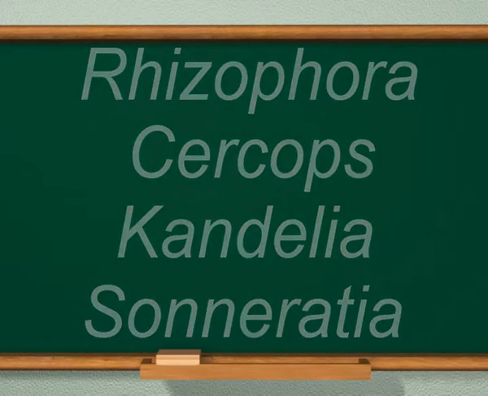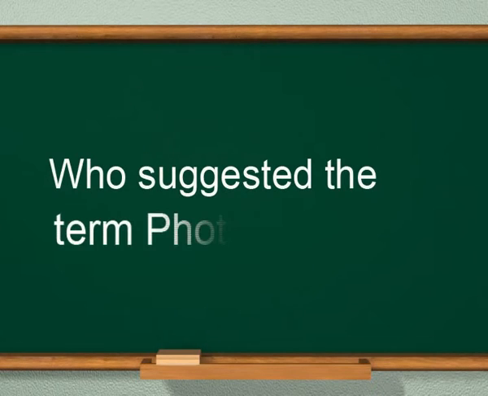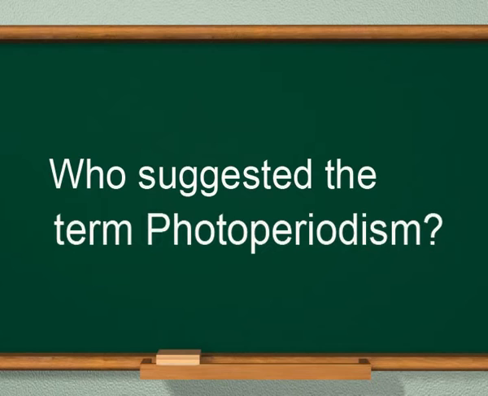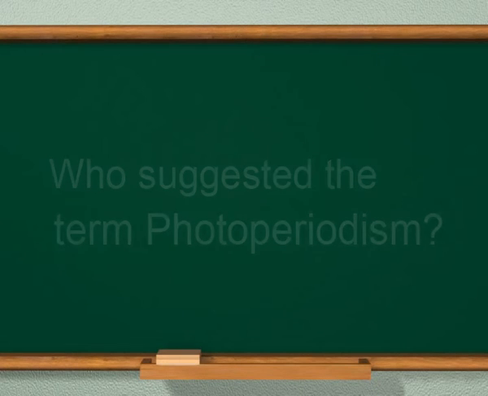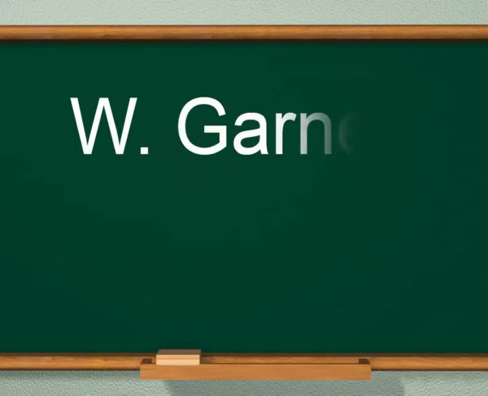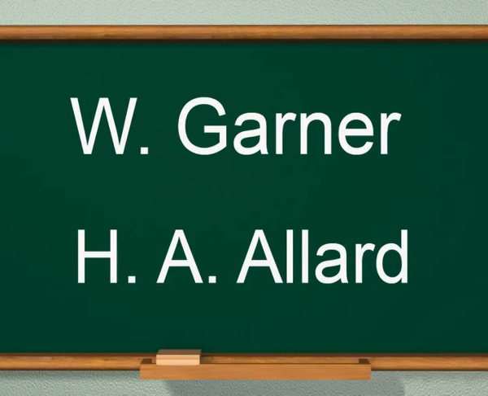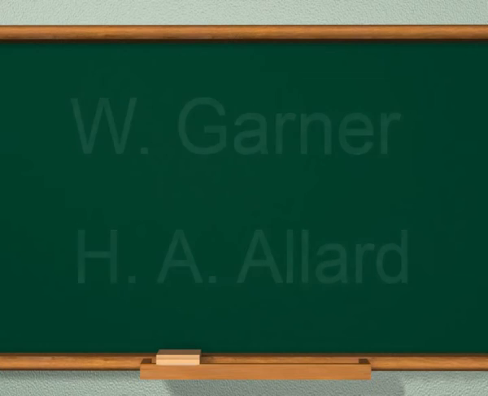The next question is, who suggested the term photoperiodism? Answer. In 1920, two employees of the US Department of Agriculture, W. W. Garner and H. A. Allard, suggested the term photoperiodism. Next question.